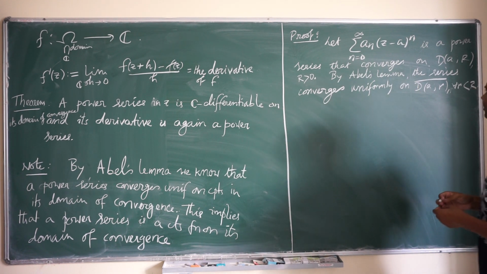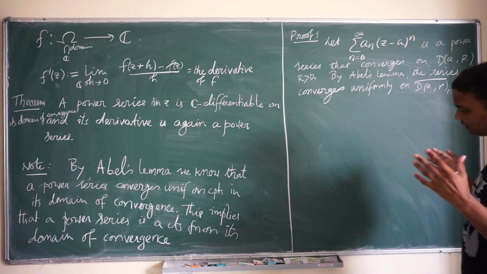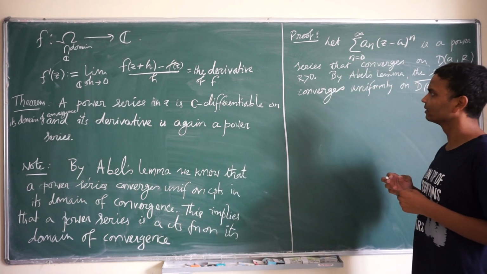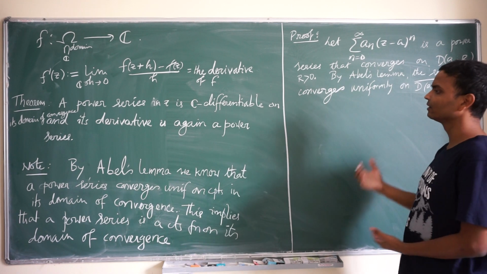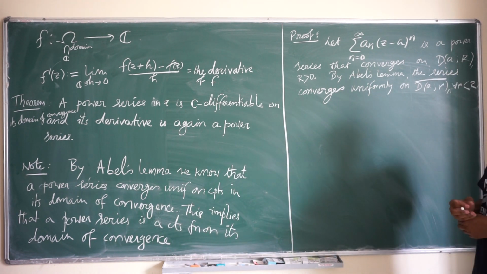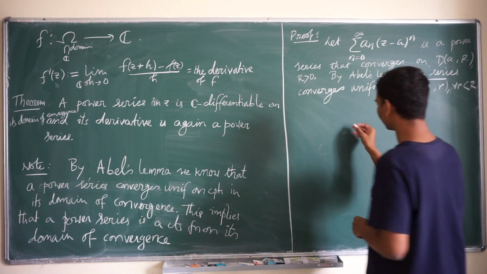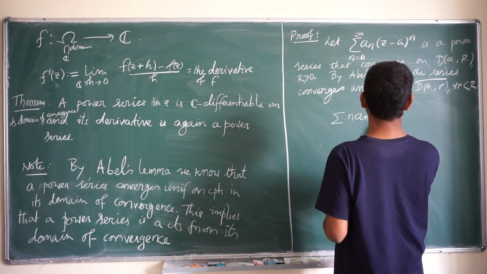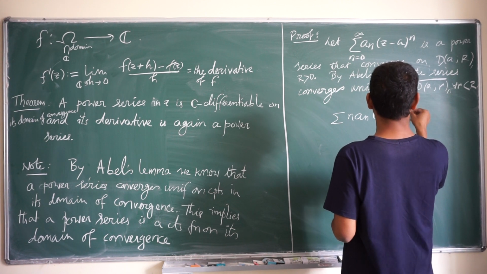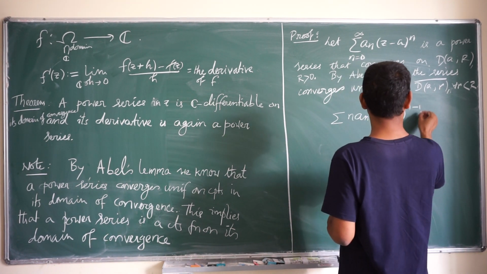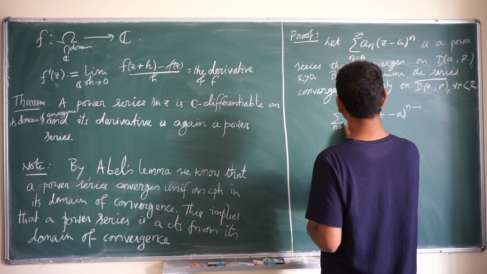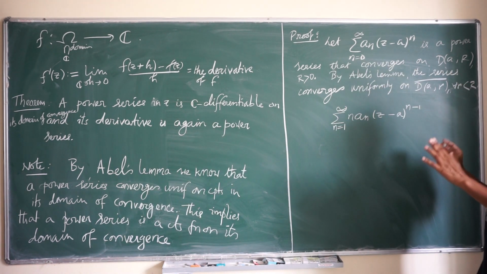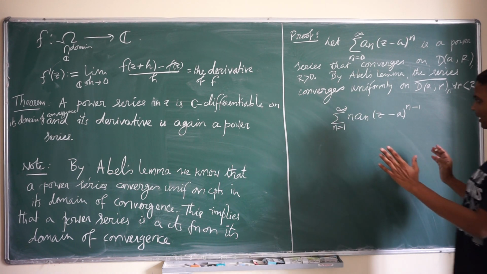Now look at the differentiability. Well, first we need a candidate. The derivative of a power series should again be a power series, but we need a candidate. So look at this power series: summation n (z minus a) to the power n minus 1, n from 1 to infinity.